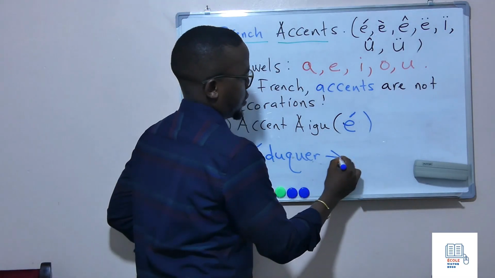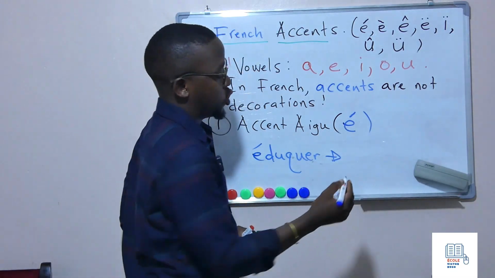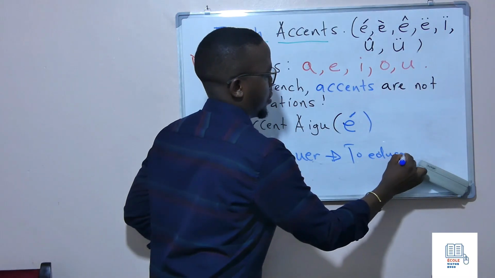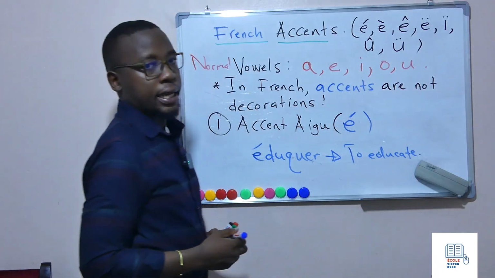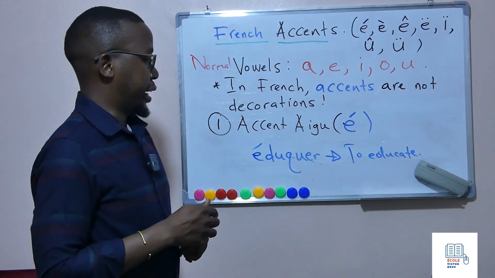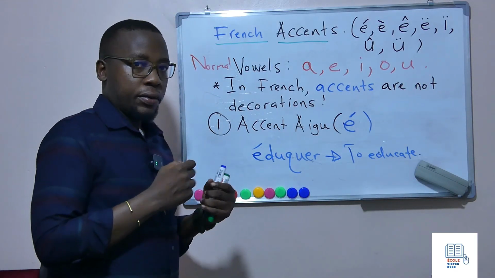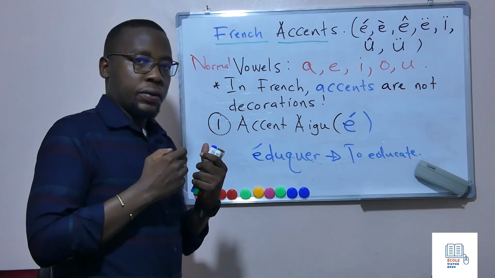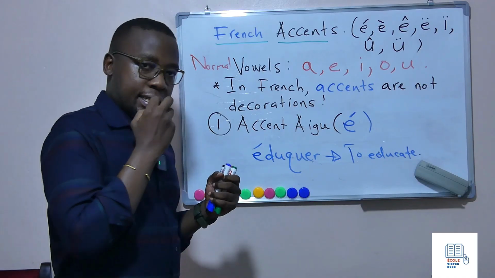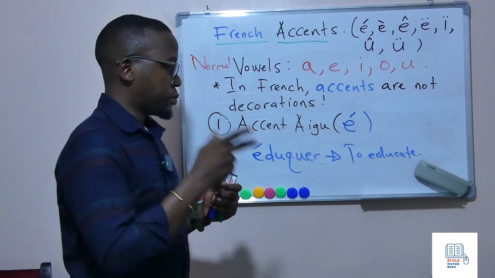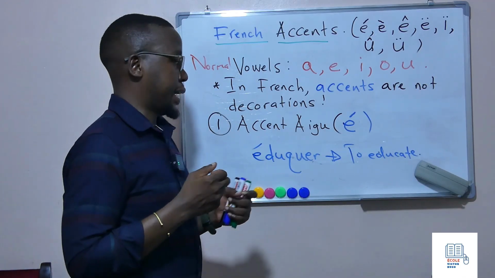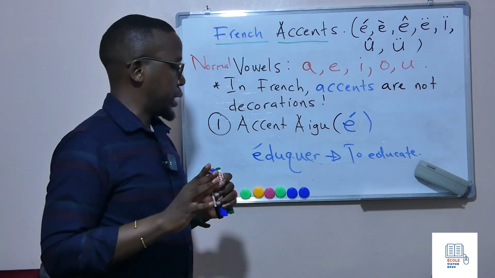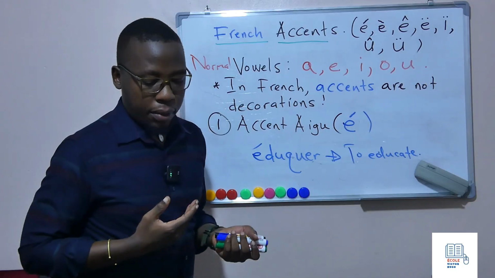It means, as it looks, to educate. So whenever you find a word with an accent aigu, there's that instantness when you're pronouncing the word, like écouter, éduquer, école. That is all about accent aigu.